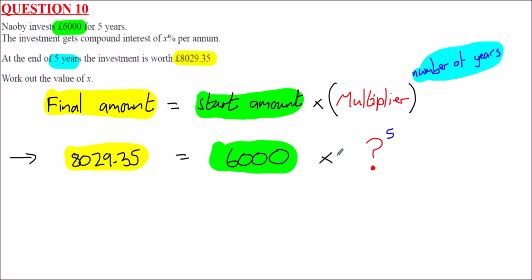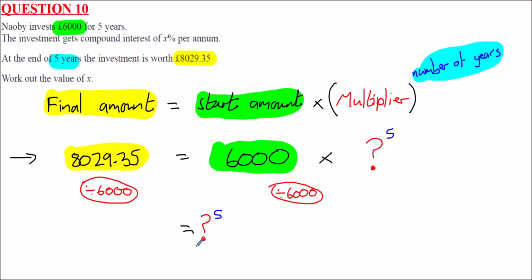This is now an equation to solve to work out what this multiplier is. So what we can do is try and get this question mark on its own. We can rearrange the equation. What we could do here is divide both sides by 6,000 to get rid of this £6,000. If we divide both sides by 6,000, what we'll get is what this question mark is to the power 5, because that's for 5 years.